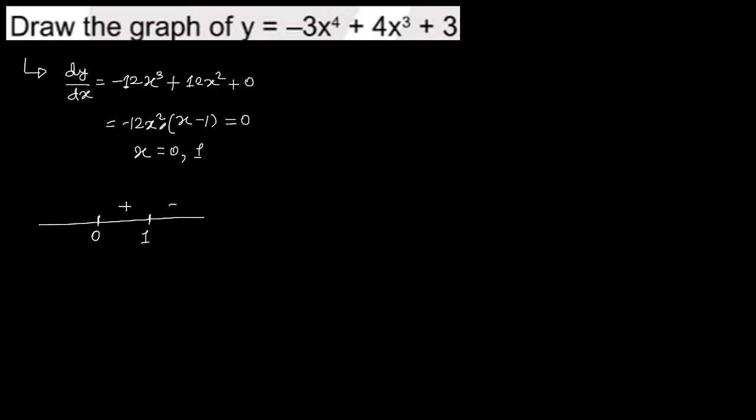And less than 0, this is positive, whole, this is negative, negative, positive. So we have somewhere increasing like this. Here dy by dx is 0 and then decreasing. So if you would like to plot this, we'll plot in this way.